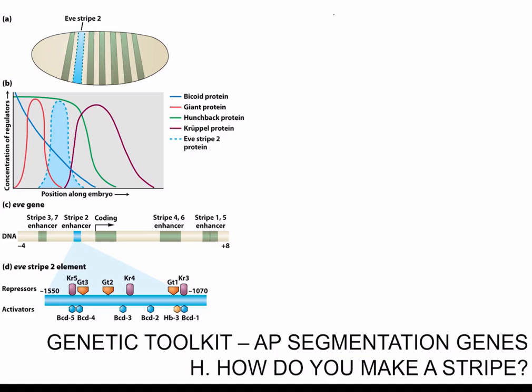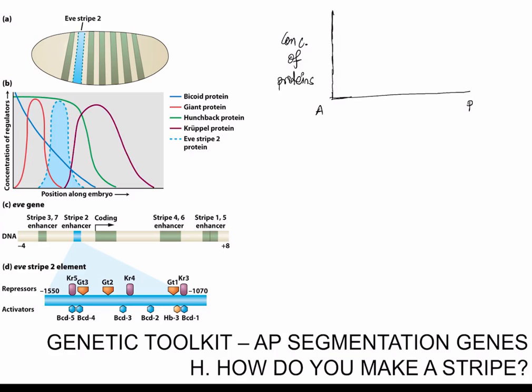In order to understand this, we're going to draw the expression of these genes along the anteroposterior axis, so left is anterior and the right is posterior, and on the y-axis we will show the expression level or the concentration of these proteins.